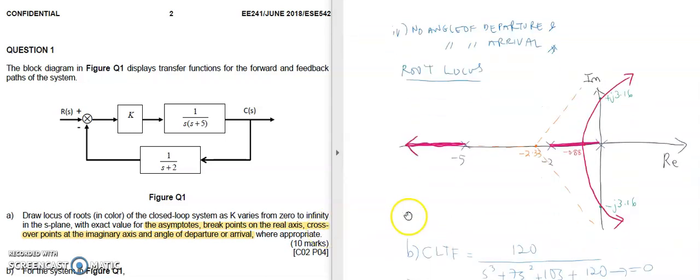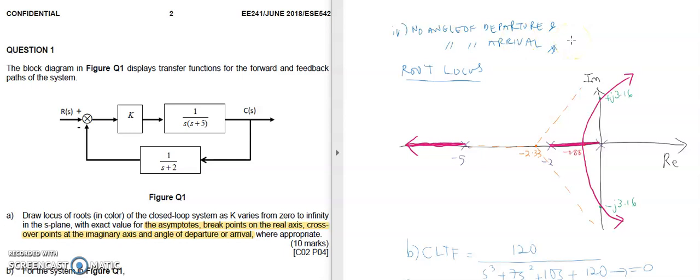The next one is angle of departure or arrival where appropriate. For this one, there is no angle of departure and there is no angle of arrival. Only if we have complex conjugate poles will we have an angle of departure.